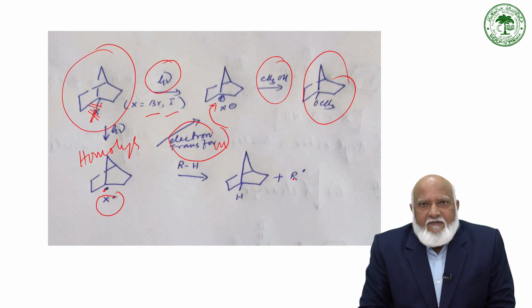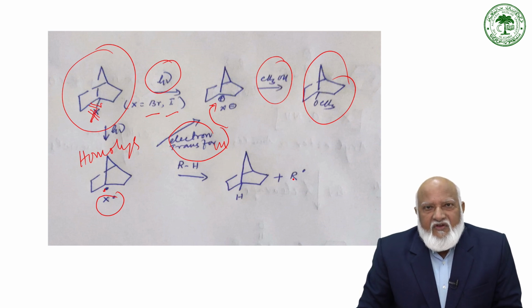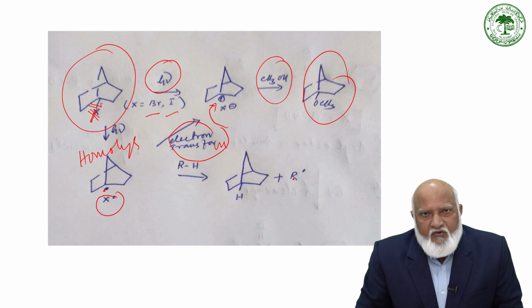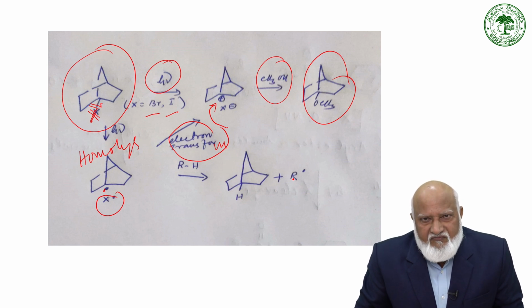So we can see that there are some very interesting products which could be obtained through photochemical methods, which was very difficult via any other means.